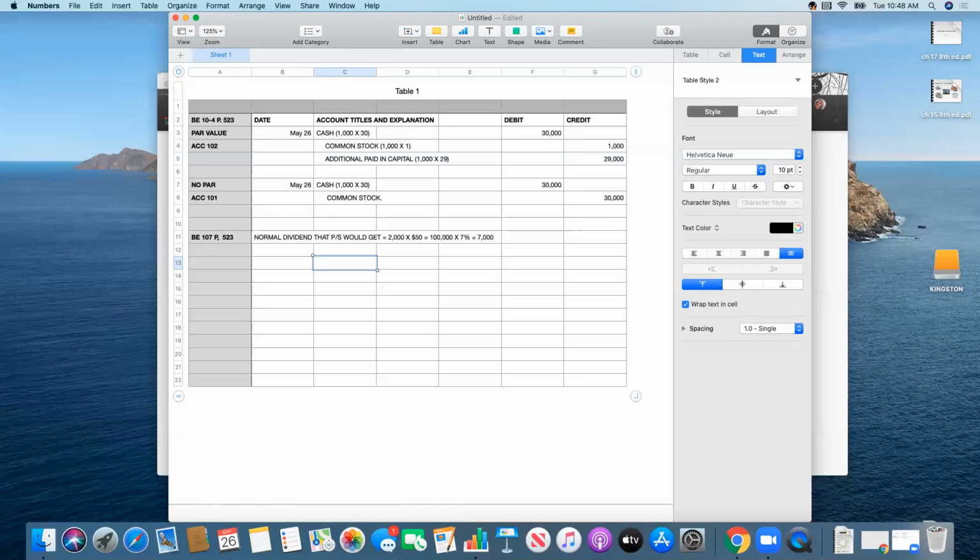Okay. So let's make 2 columns, one for the preferred and one for the common. And remember that this is cumulative preferred stock. I'm going to put that over here. Cumulative preferred stock.